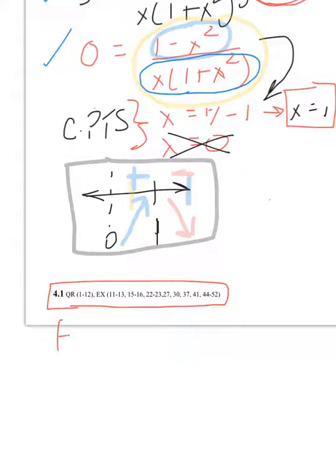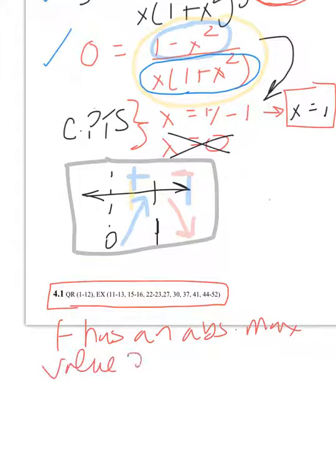F has an absolute maximum value of f of 1. Now if they want to know what that absolute max value is, okay, let's see if I can write that a little better.